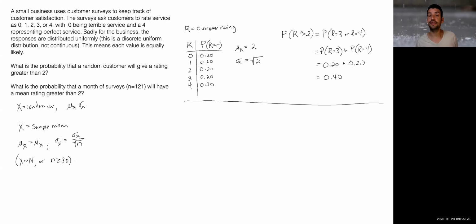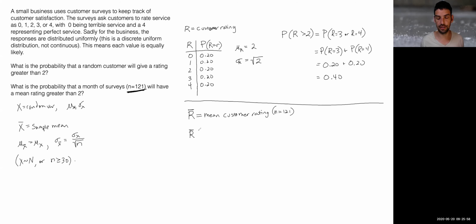So in this case, we don't have a normal distribution, but we are taking samples of a large size, n equals 121, right? So let's apply the central limit theorem. What it means is I've got a new random variable, r bar, and it is the mean customer rating for a sample size of 121.